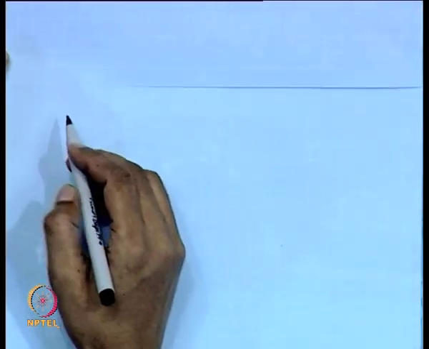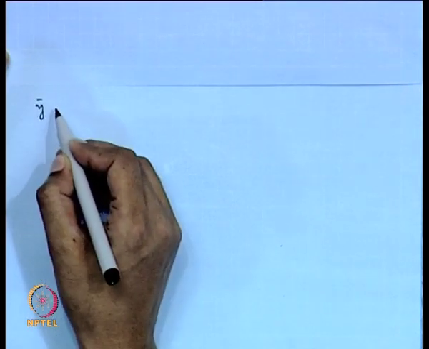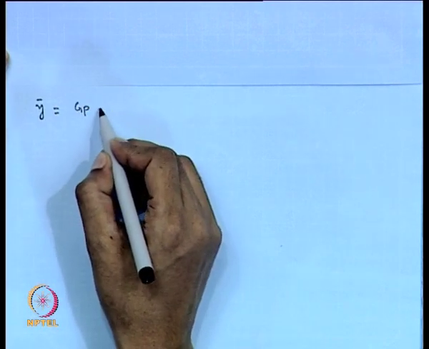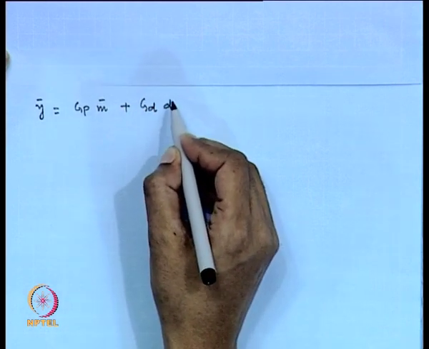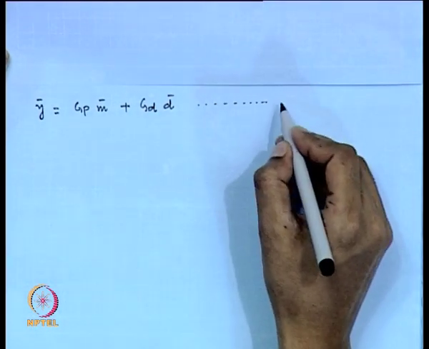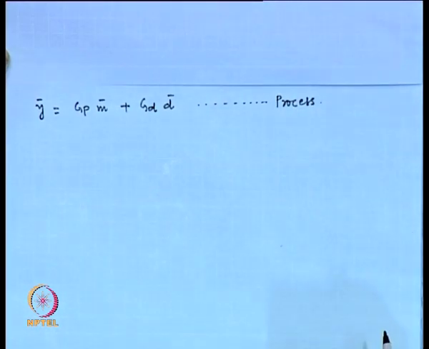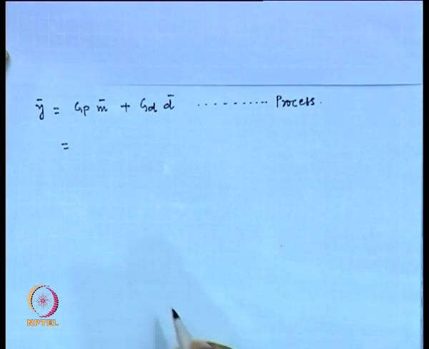Now, we have written the expression for the process as y bar equals G p m bar plus Z d d bar. We have written this equation previously for the process. Fine. Now, here we will substitute the expression of m bar.